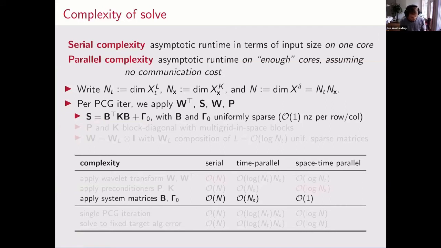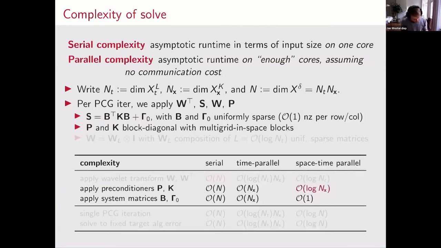And this means that if you apply them in parallel, then you can apply them at constant cost, because you can basically assign one or a couple processors to every cell in the matrix, because we are in this idealized parallel setting where we have an infinite number or enough cores at our disposal. Okay, and we have these two block diagonal matrices with multigrid in space blocks.